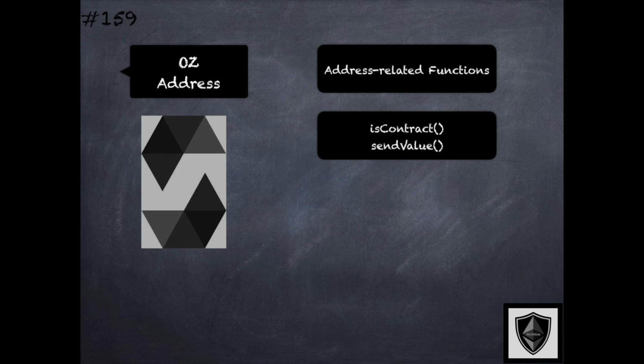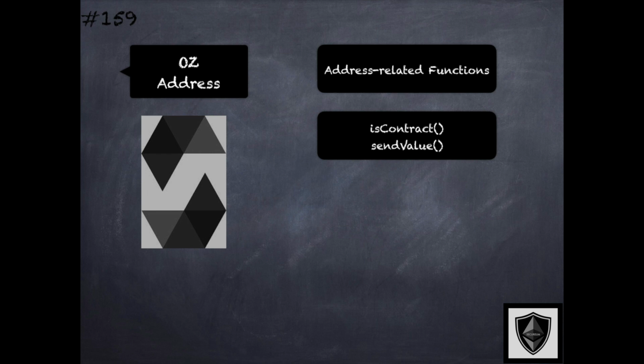The second function is sendValue. Recall that Solidity has a transfer primitive that sends wei to a recipient contract but limits the gas supplied to 2300 gas units.